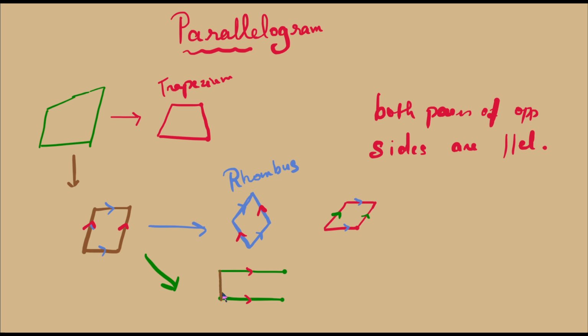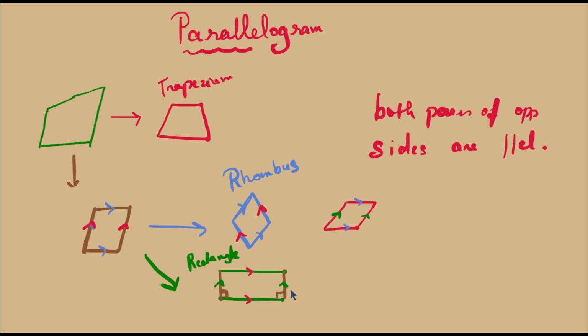This side is perpendicular to the green side and when the endpoints are joined, that is also perpendicular. So this is also a parallelogram because it satisfies the basic criteria that both pairs of opposite sides are parallel, and this shape, as you all are very much aware, is called a rectangle. This is called a rectangle.